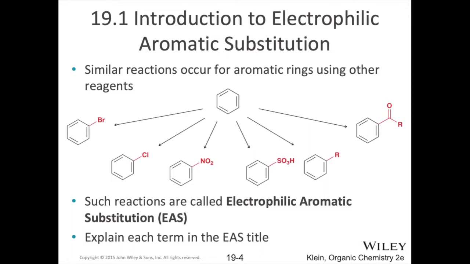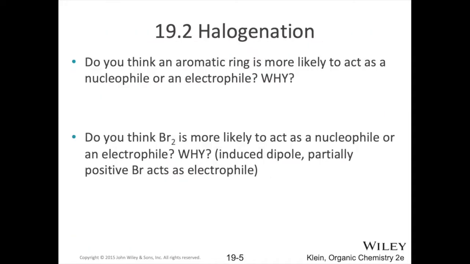All right, so in all of these examples, we're going to swap out a hydrogen on our benzene ring for some other group. We just saw an example with a bromine. We can swap it out for a chlorine, for a nitro group, for a sulfate group, for an alkyl group, or even a ketone group. All right, so keep in mind that these aromatic rings with their 3 pi bonds in amongst 6 carbons are very electron rich.